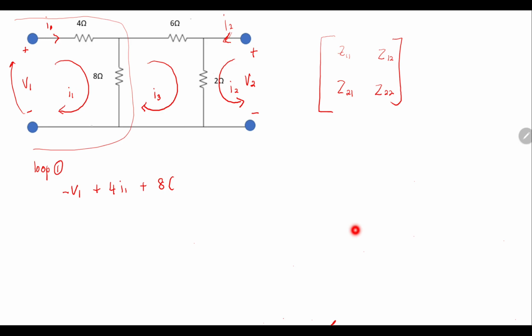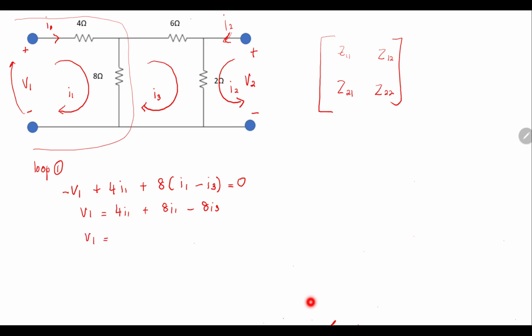So by looking at the I1 loop first, we take I1 minus I3 equals 0. V1 is equal to 4I1 plus 8I1 minus 8I3.